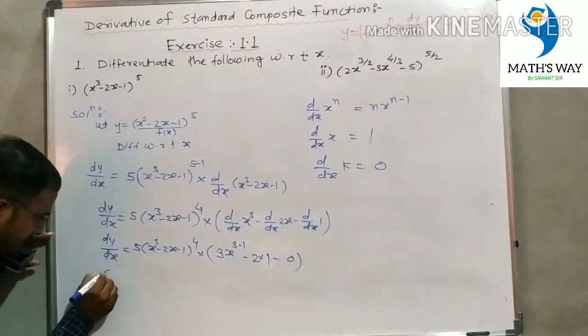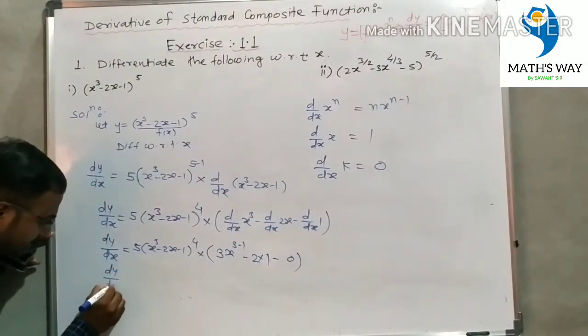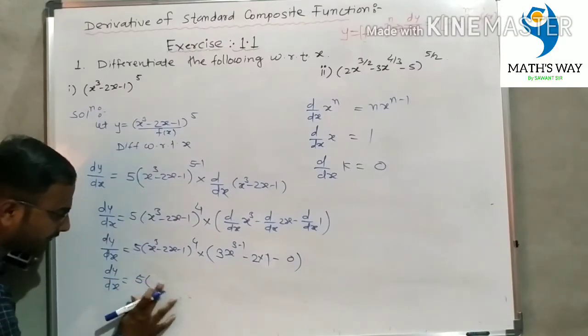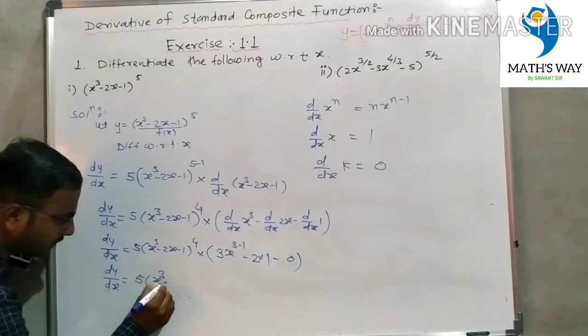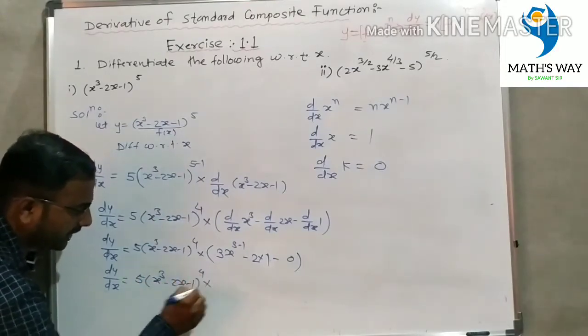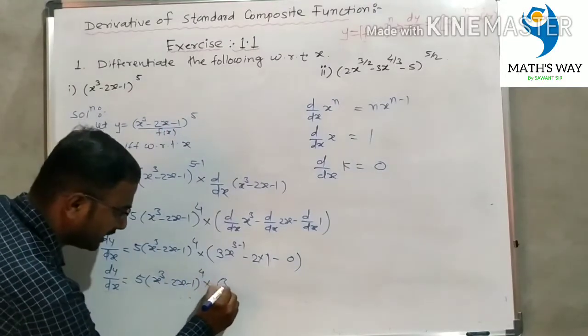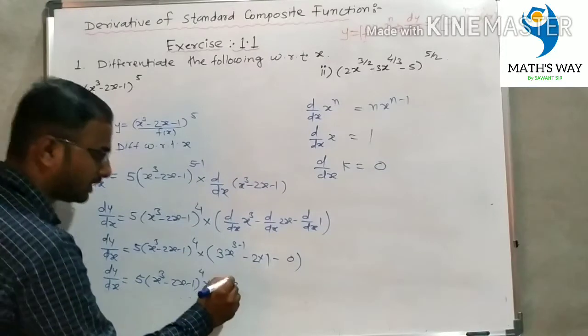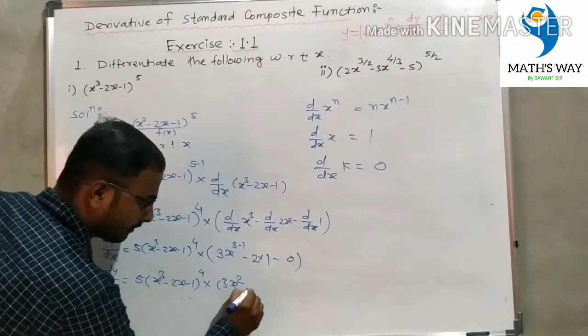So dy by dx is equal to 5 into (x cube minus 2x minus 1) to the power 4 into 3x to the power 3 minus 1, that is 3x square minus 2.